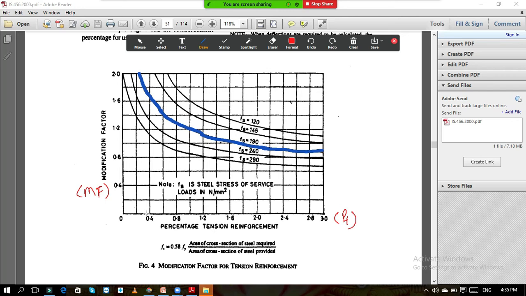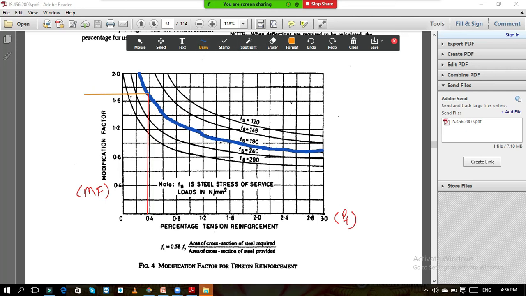So if I draw the line from 0.39%, it will go somewhere here. Then we will measure it from this point. If we measure it, what is the value?